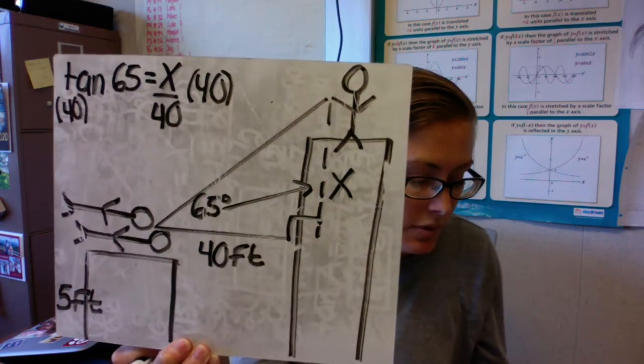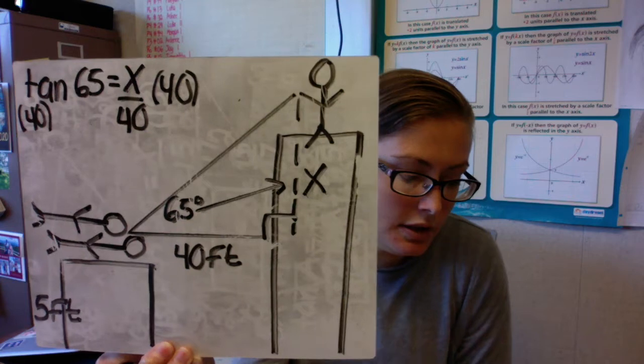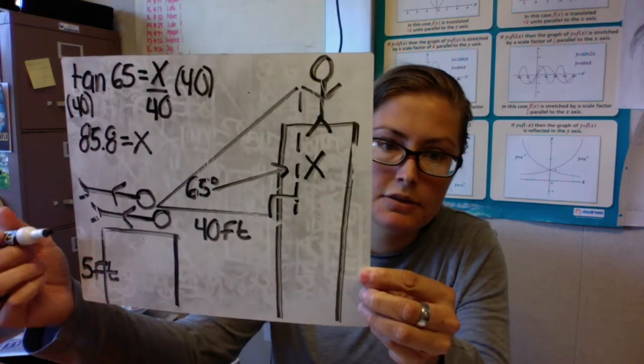So we type 40 tangent of 65 into our calculator. We get 85.8. But we still have this 5 feet here, so we have to add 5 to that. So our final answer is that he'll be falling out of this tree 90.8 feet.